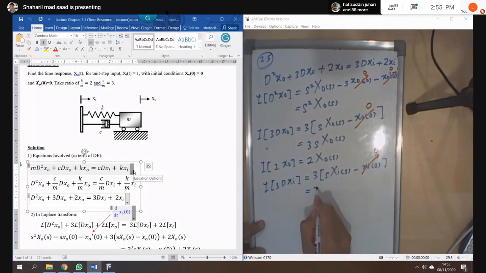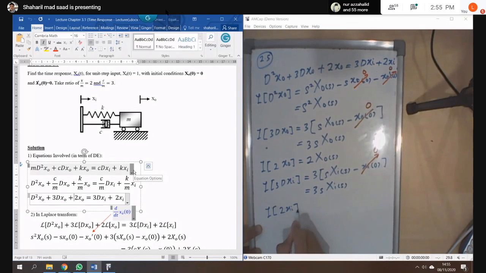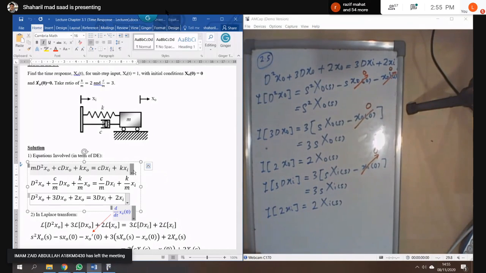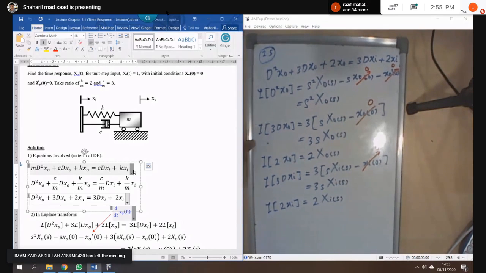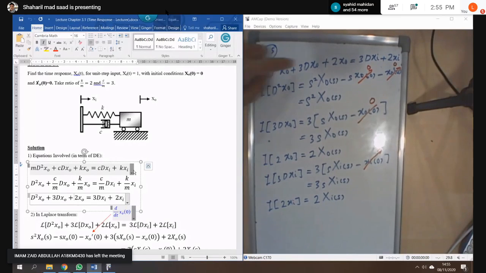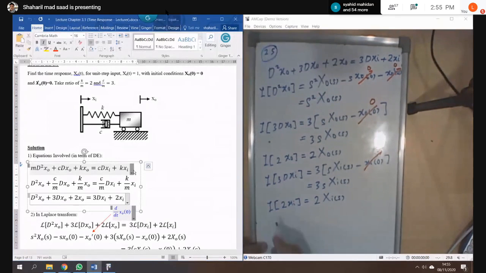So now you got 3s xi of s. Then you Laplace again 2xi, equal to 2 xi of s. Okay, done. Then you apply these to the equation.